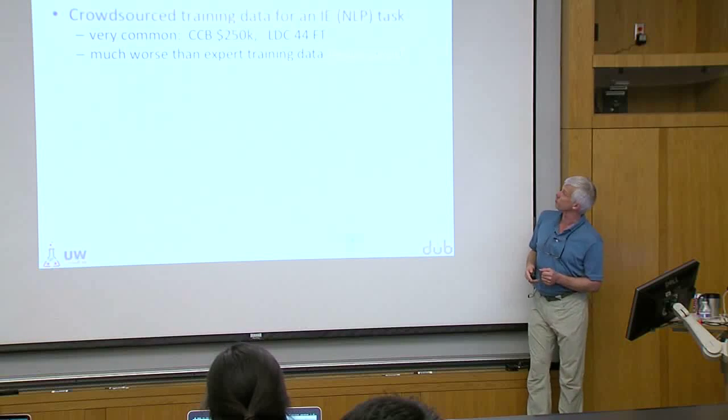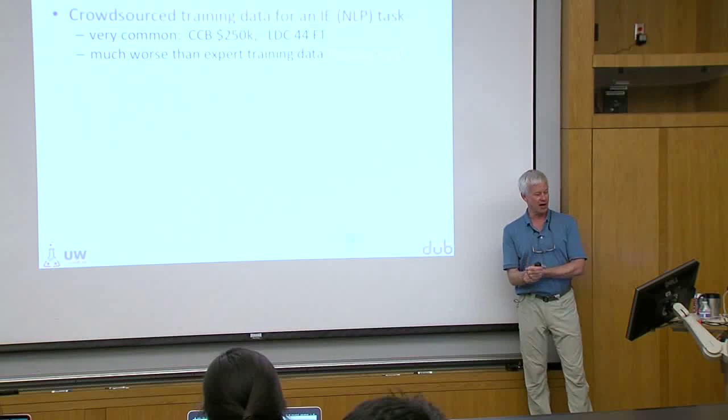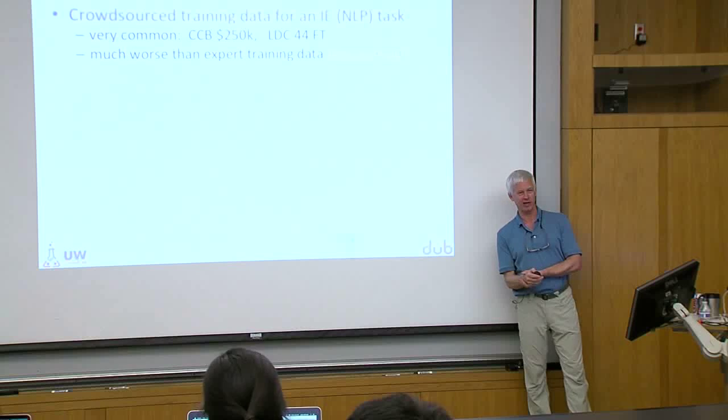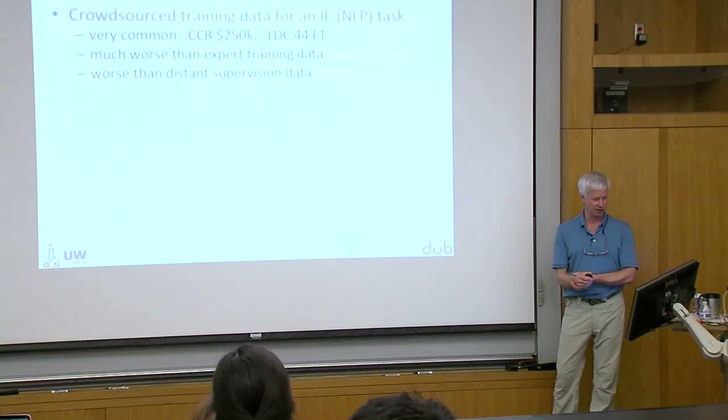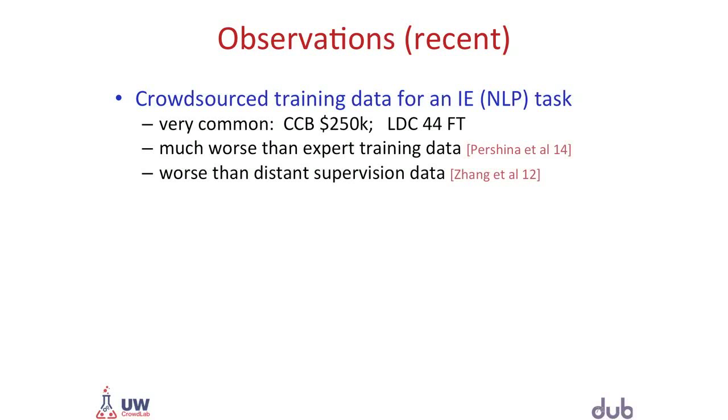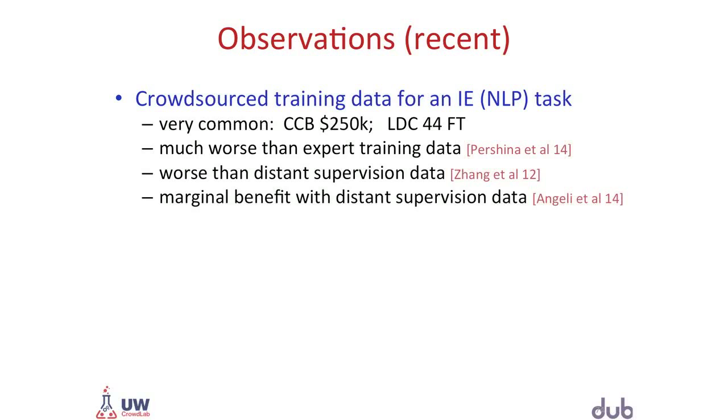One paper by Ralph Grishman basically claims that it's much worse than expert training data, and even if you add in some high-quality data, it gets washed out in the noise. Chris Ré, professor at Stanford, and his graduate student say the quality is no better than distant supervision data. It doesn't really help at all. Much better to use database techniques and really scale up distant supervision to massive corpora.